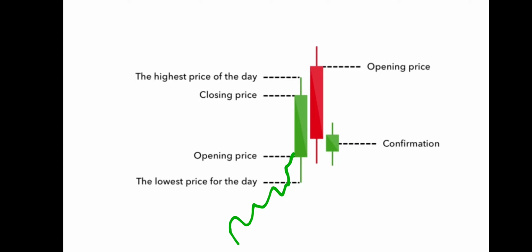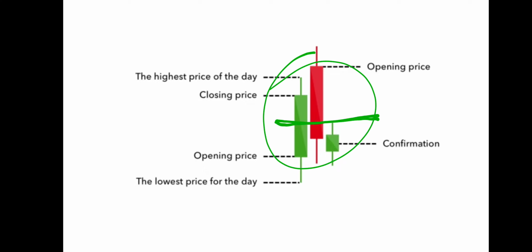During the piercing line we heard about the gap down opening, but in this there is a gap up opening. The stock price opens here, goes up and down but does not sustain, and closes there. It covers half the price of that body. This means it shows bearishness, that buyers exited and sellers are happy with the particular stock at this level. So what you have to do is exit.